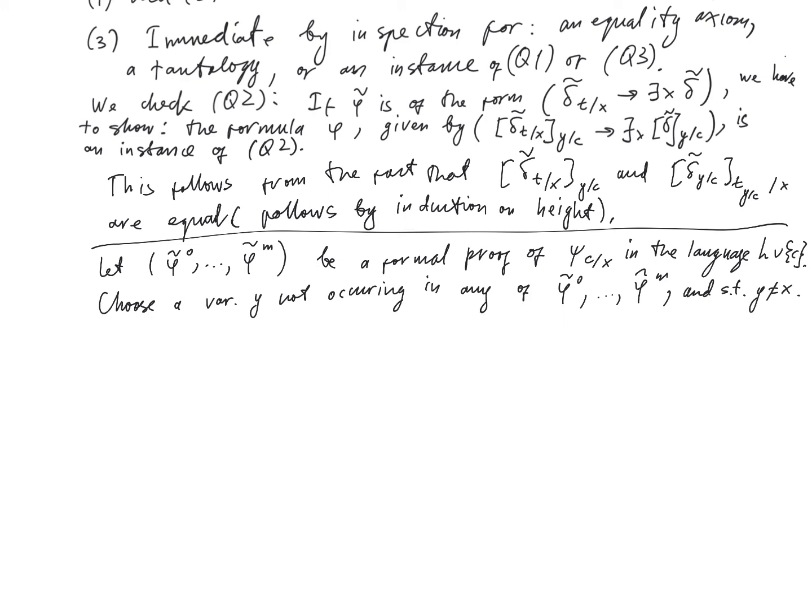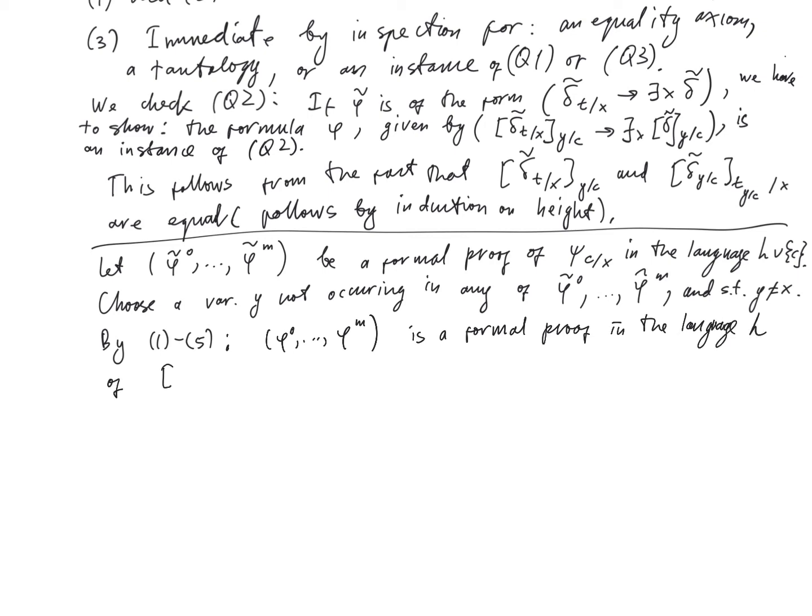Then the claims 1 through 5 show that the sequence of formulas phi 0 through phi m, where phi i is obtained from phi tilde i as defined before, so by substituting the variable y in place of the constant symbol c, is a formal proof in the language L of the formula psi with c substituting x and y substituting c.